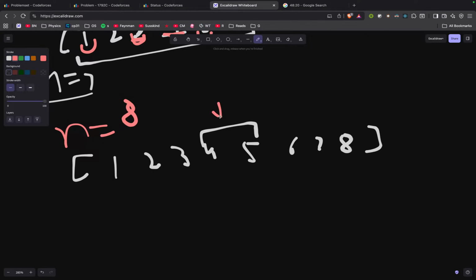Now if this innermost pair is out of order, that is we have 5 somewhere to the left and 4 somewhere to the right, then we have to fix this. That will require one operation. Or if 4 is not at this particular index where it should be, that also is a cause for concern. In both the cases, we will do one operation.